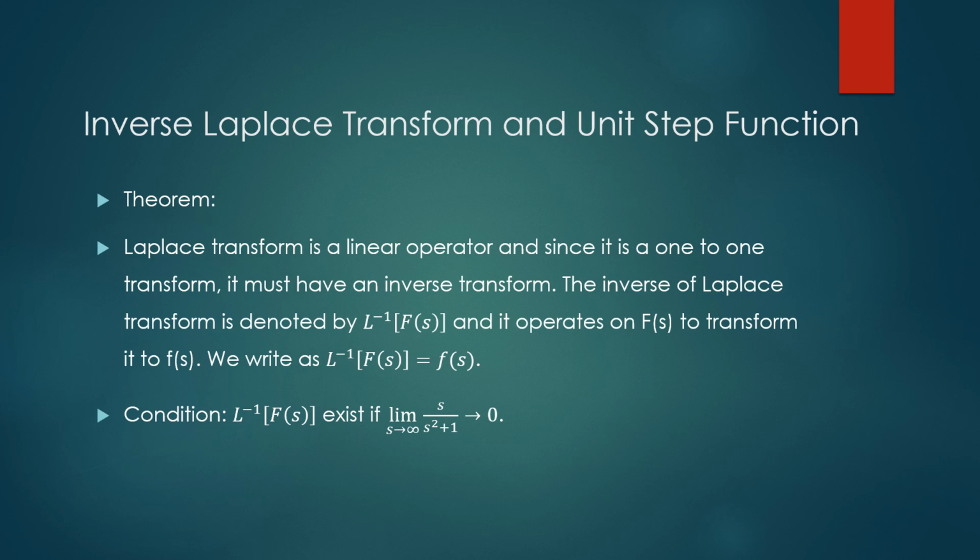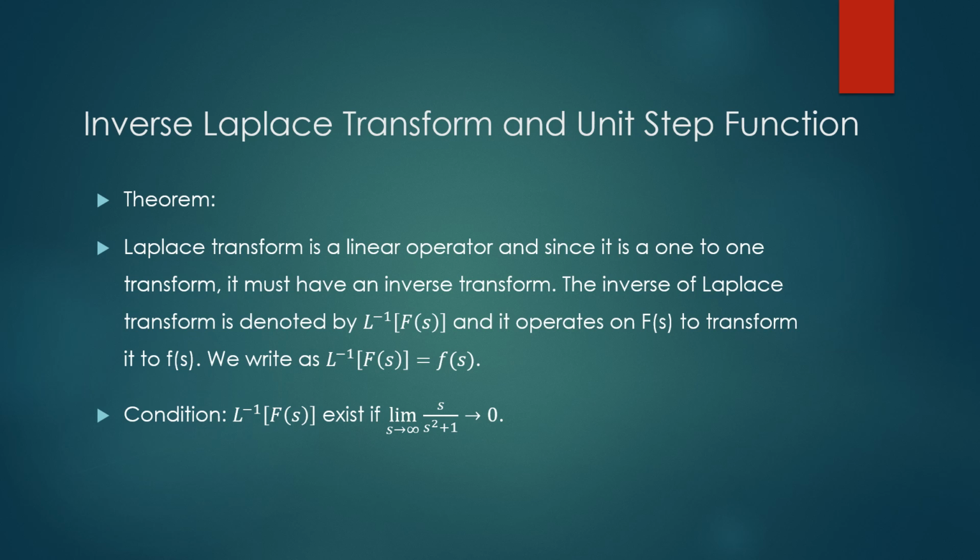Basically, it means that if the function f is a continuous function of exponential order, and the Laplace transform of little f(t) equals capital F(s), then we can say that the function little f(t) is the inverse Laplace transform of capital F(s).